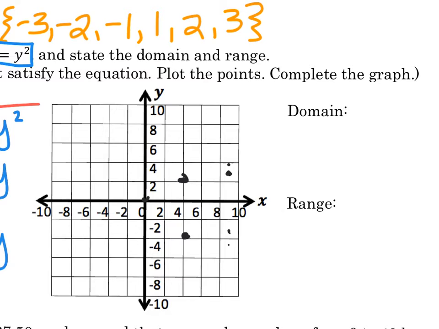Might be more like 2, 4. I see what I did. This is what happens when I record these videos too late. This goes here, 6, 8, 9 goes here. So it's going to look something like this.